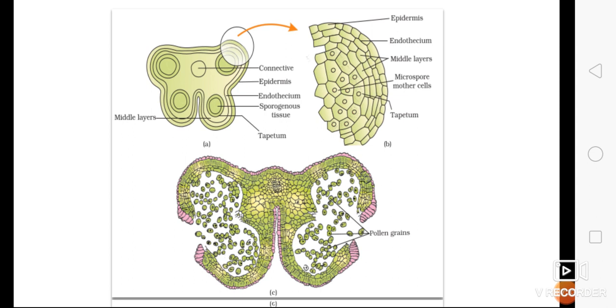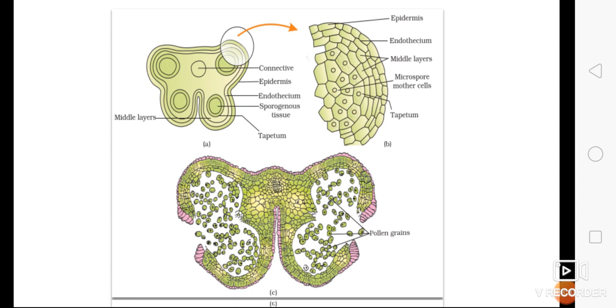The outermost layer is epidermis. Second layer, endothecium. Third type of layer, middle layers. There will be 2 to 3 layers of cells in middle layers. Then the innermost wall layer of microsporangium is tapetum.